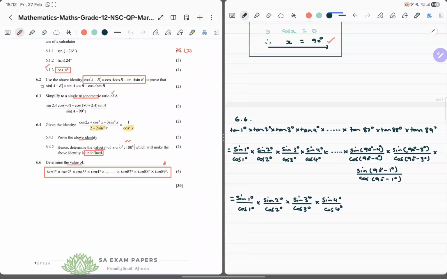Okay. So there we are. So this is multiplied by dash dash multiplied. Now we use cofunctions here. Sine minus is going to be just cos 4 degrees over sine 4 degrees.